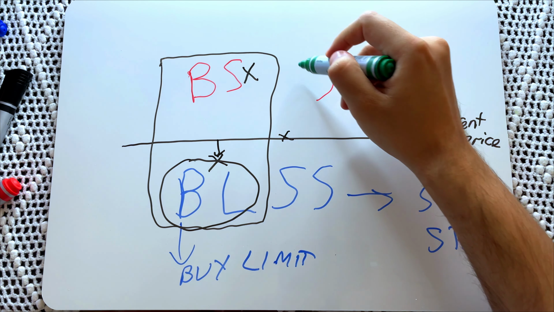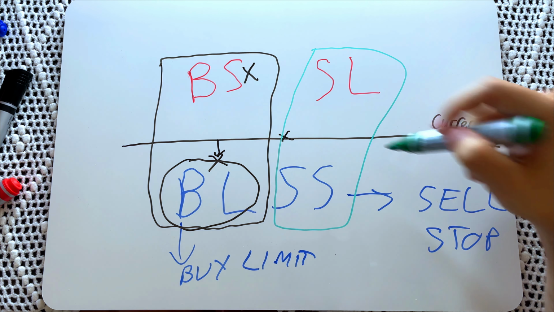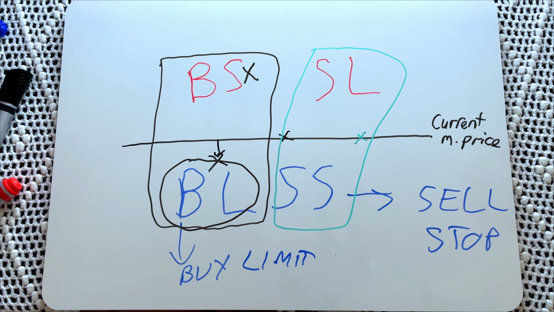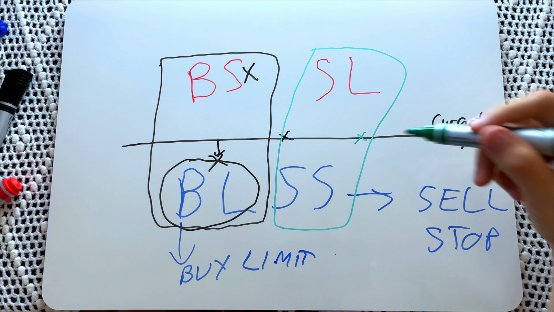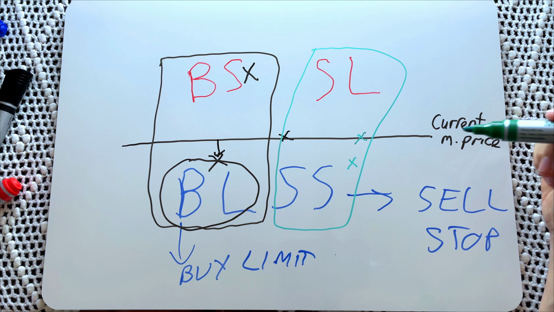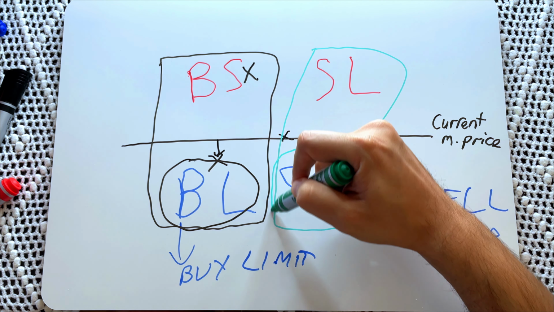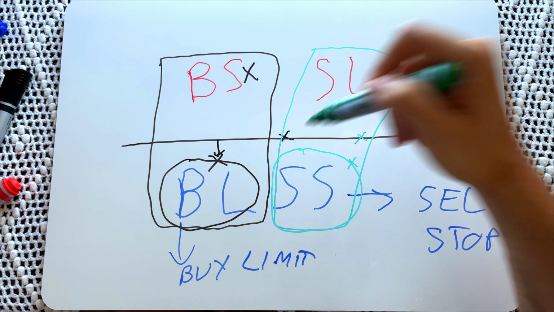Now, when we want to sell, we only look at this quadrant here. So now let's say I'm at current market price here, as we always are, and I want to sell when it is below this price, right? So when it's below where the current market is, if that's the order that I want, I'm going to use the sell stop.